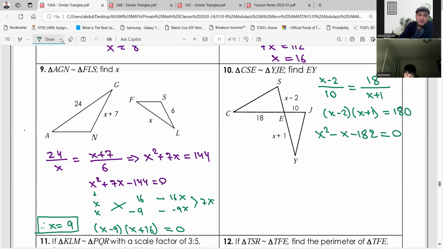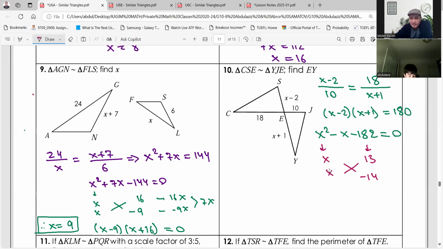Now we're going to solve this by factorization. How? For x squared, the only way is to write it as x times x. And how about 182? The difference should be negative 1, so that is 13 and 14. So this one is minus. I put minus here.